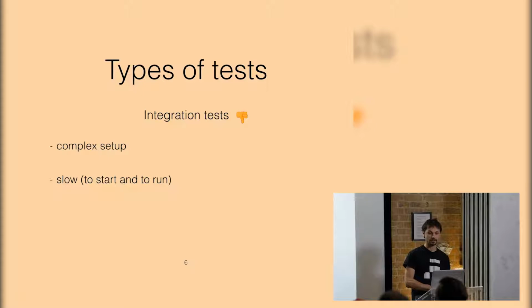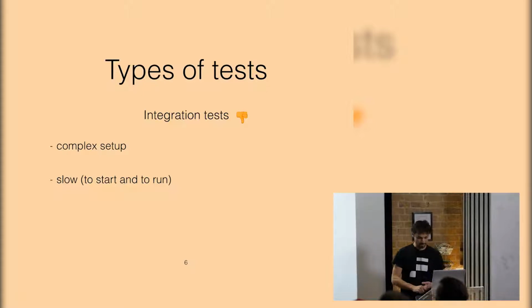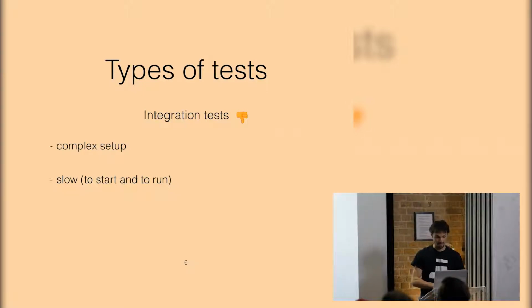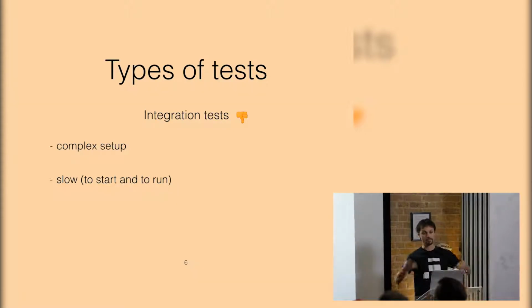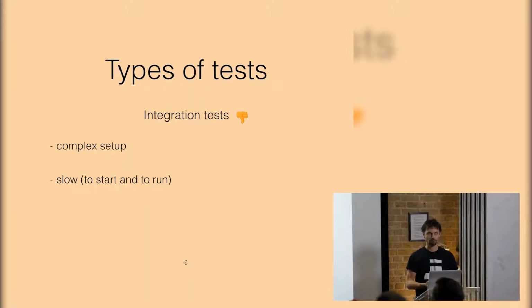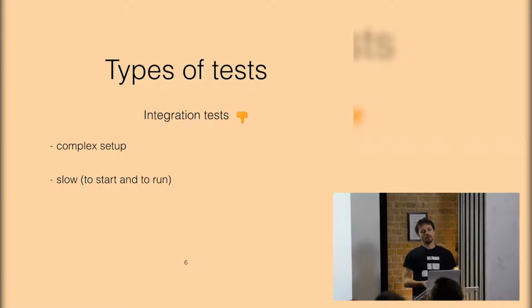They are slow to start and they are slow to run. They're slow to start because, again, applications consist of many layers: a browser application, then a backend application, a database, and you have to bring it all up and run it synchronously-ish.